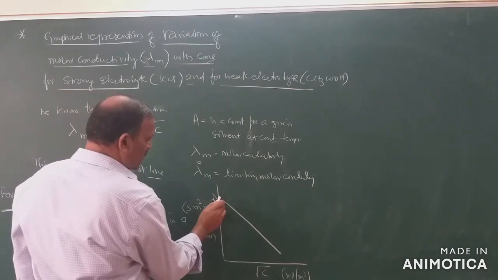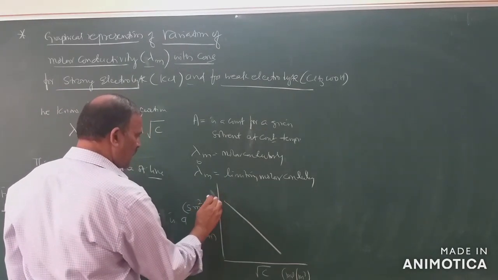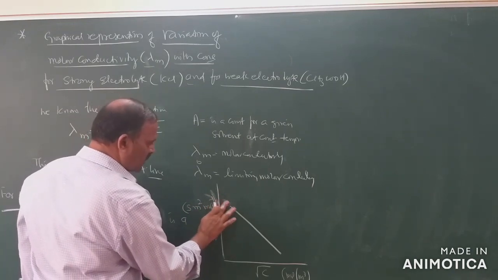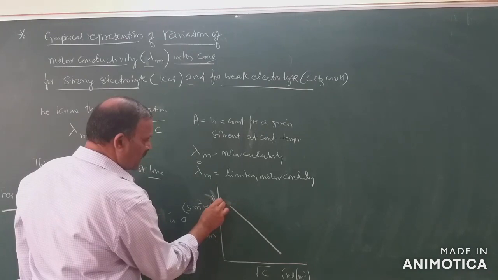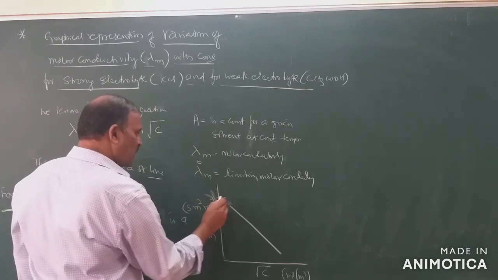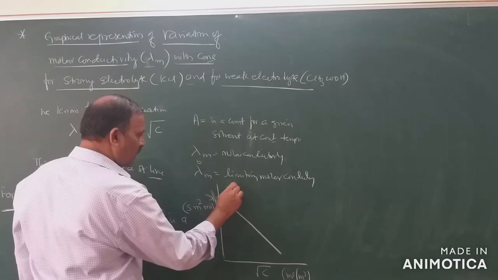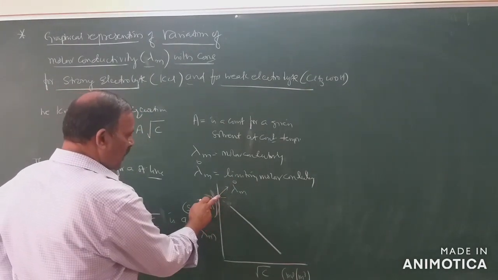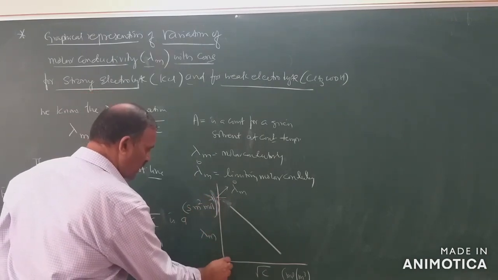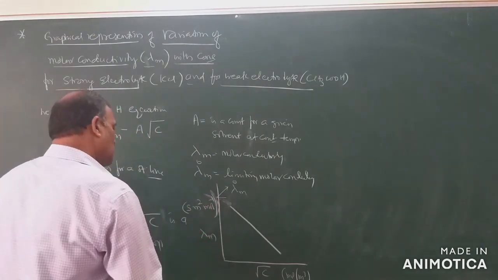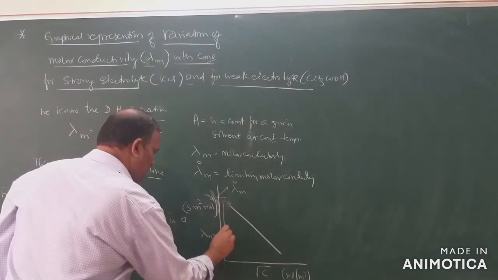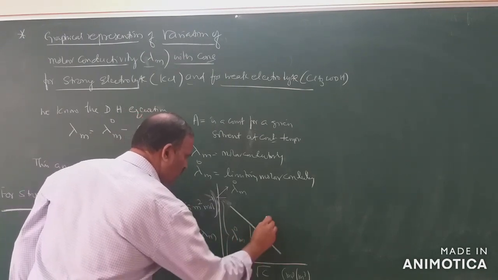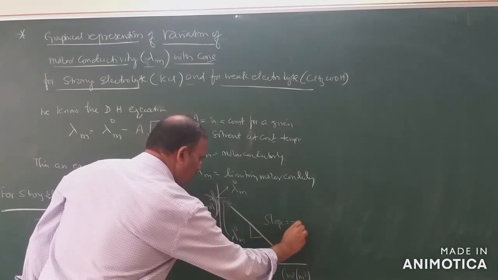So if you extrapolate this curve, it will meet at the y-axis. So this indicates what? Lambda m0. So this is the molar conductivity at 0 concentration. So this intercept indicates lambda m0 and slope of this curve, slope equals minus A.